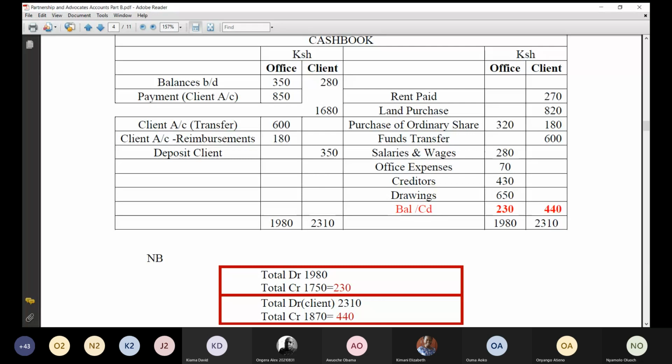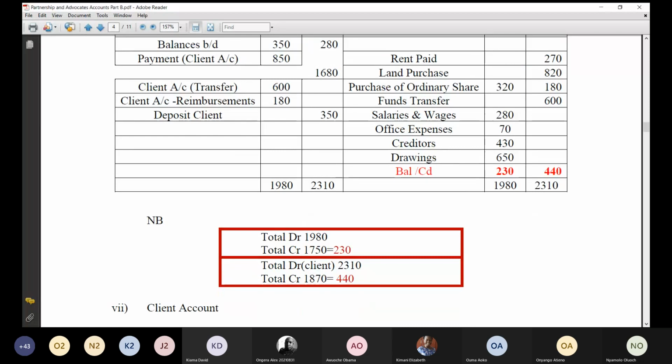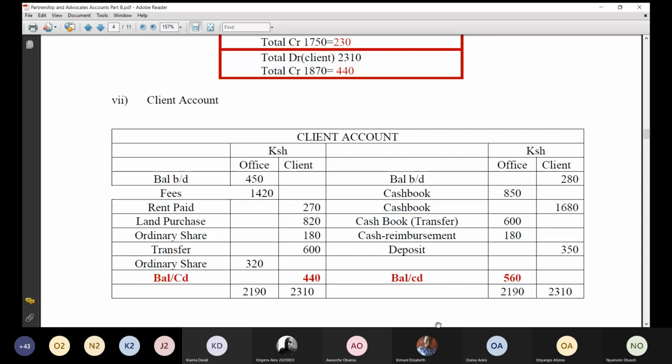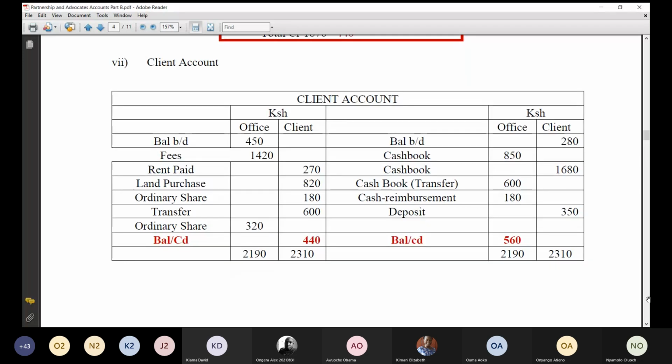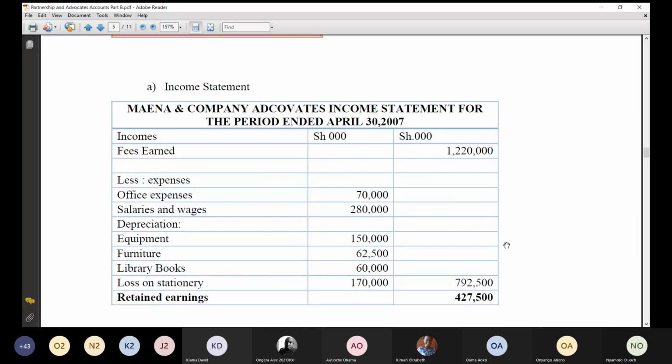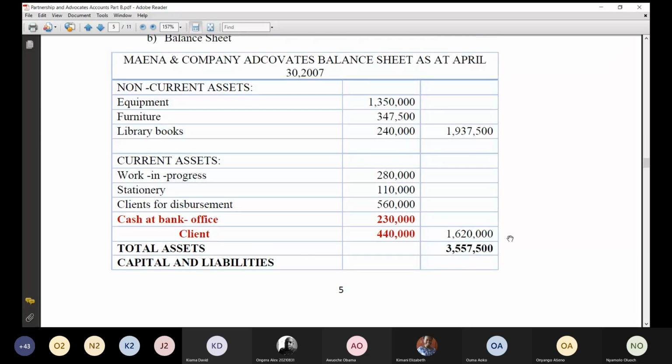So should we go down today, then we must pay our clients 440, and that is the liability that we are saying. But our clients must also pay us 560.